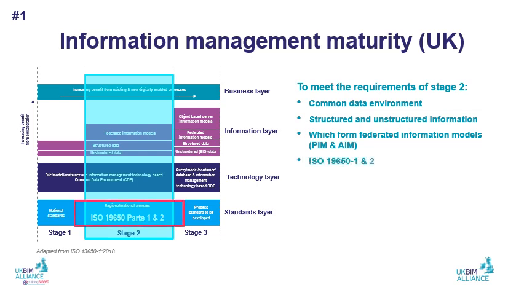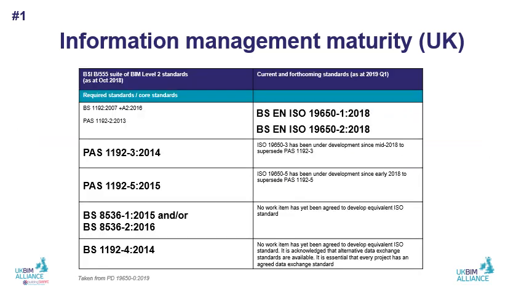Firstly, it's important to recognise that the term BIM according to the ISO 19650 series occurs mainly at Stage 2, but it does also include some of Stage 1 and 3. Then finally, from a UK perspective, to be achieving Stage 2 maturity or BIM Level 2, we need to refer to the transitional guidance, because this is where there is a list of the standards which are required, and as you can see, it includes quite a few, including my favourite, BS 8536.